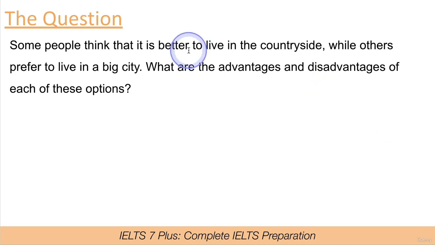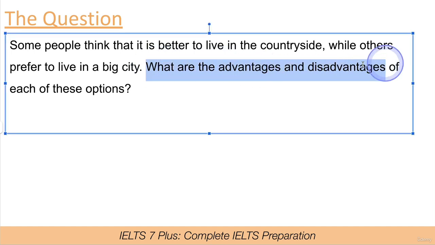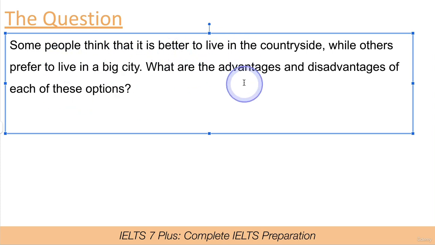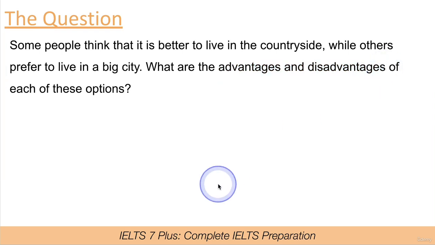Okay, so an interesting question, this one. It's quite common to see advantages and disadvantages of one option, but to have two options and to do the advantages and disadvantages of each, that's quite interesting. So there are different ways of approaching this kind of question, and I'll talk you through one today.